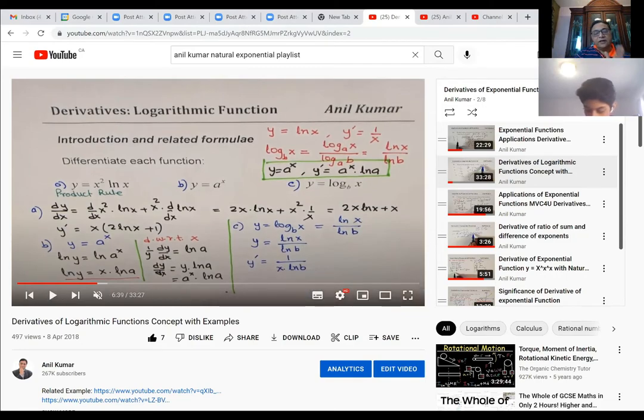We have these three very important formulas listed before you. We know the derivative of ln x is 1 over x. From that derivative itself, we are finding other derivatives. For a to the power of x, take ln on both sides. This strategy helps you solve many derivative questions related to natural log or exponential functions.